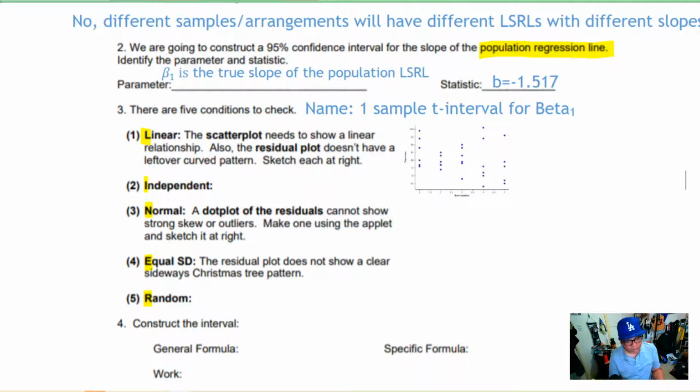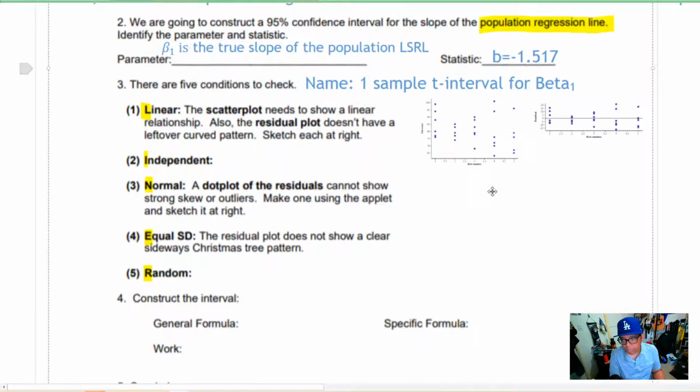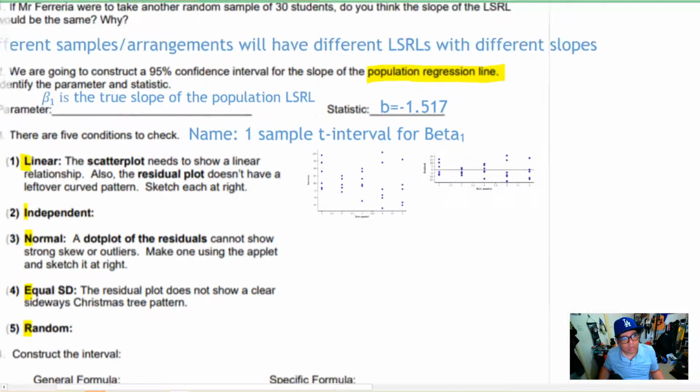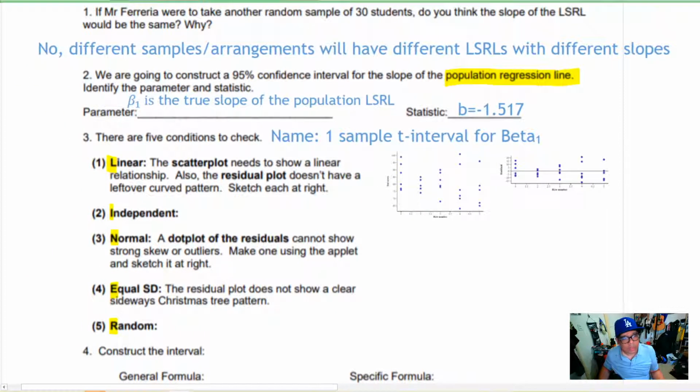Now, what about that residual plot? Here's a look at the residual plot. We'll zoom in here, and we can see that there isn't a curved pattern to this residual plot. So we are okay with L, the linear aspect of these conditions.